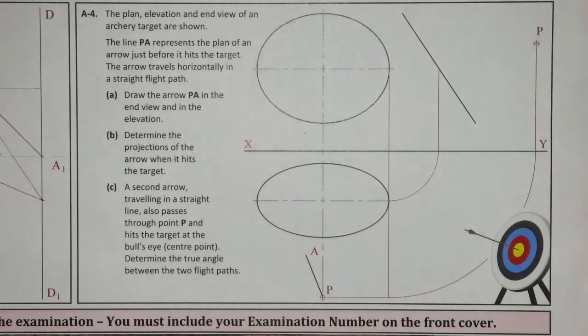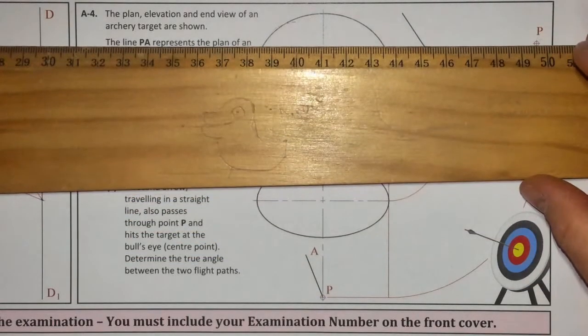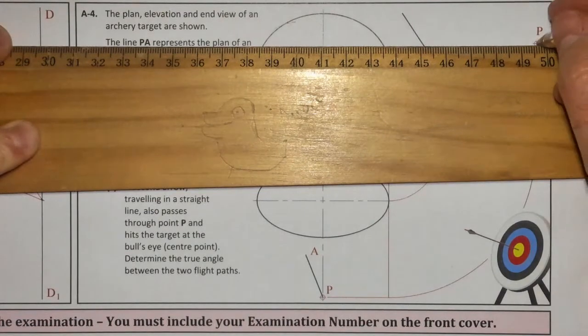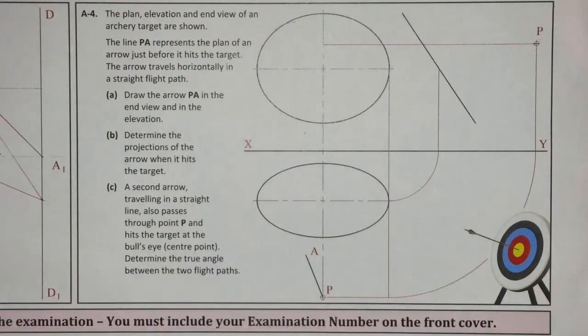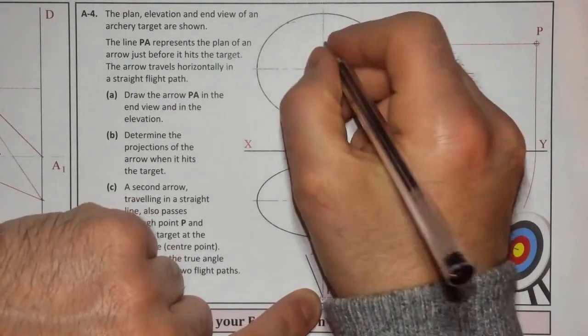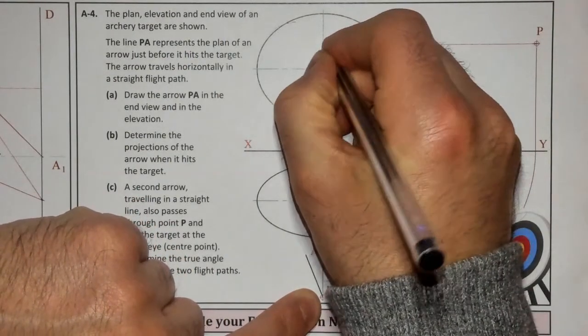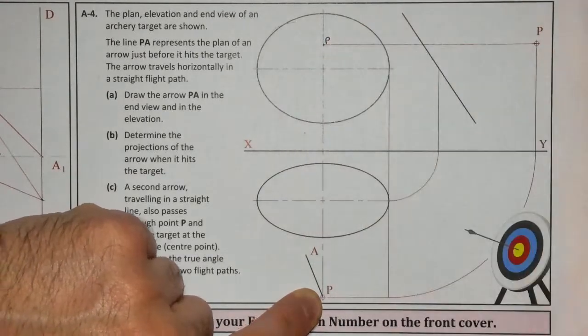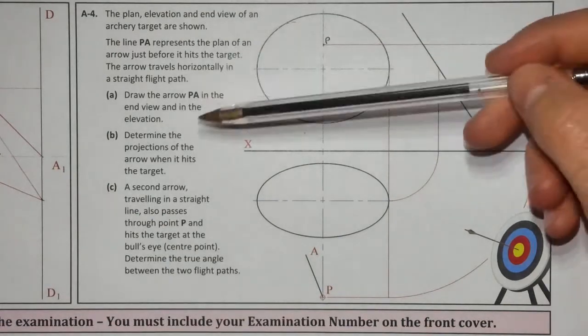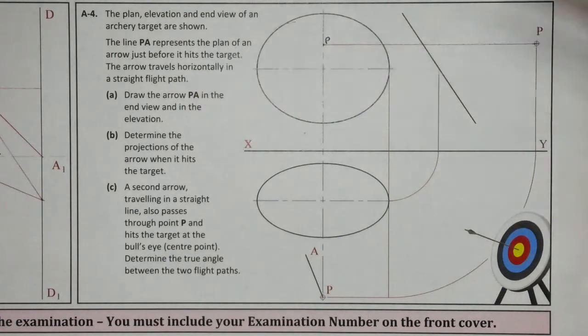Straight away I'm actually going to find point P in my elevation, so straight across, and I know that P is here. This is P in my elevation right there.